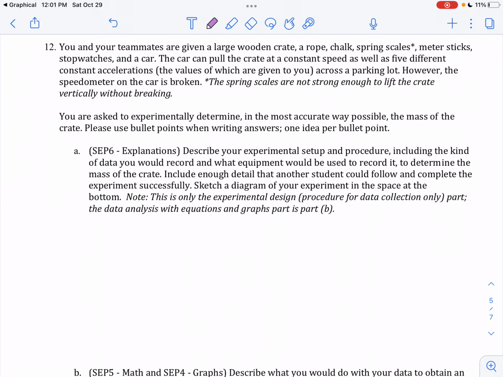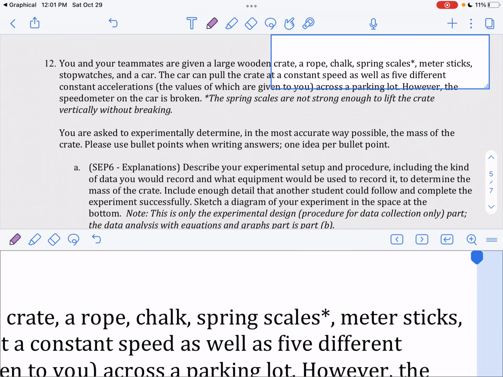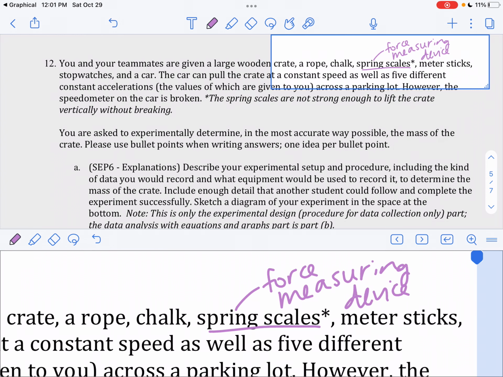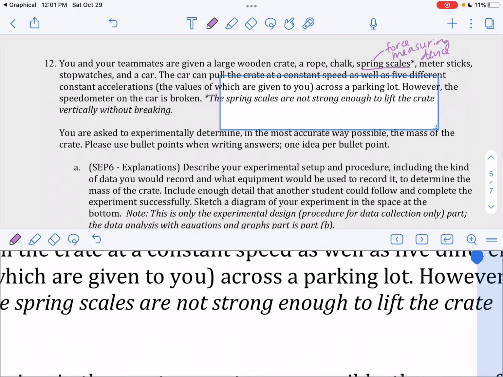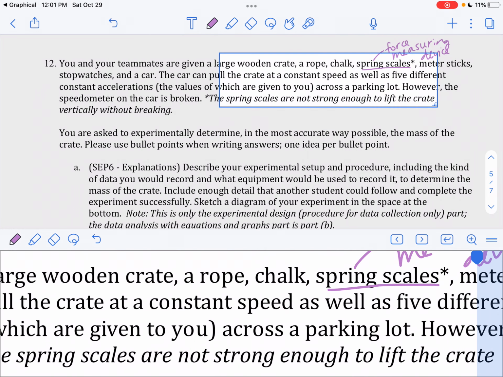So we know a spring scale, that's what we use to measure force. That's a force measuring device. So I know that I can pull it at a constant speed as well as 5 different accelerations. So I want to figure out what the mass is of this crate.